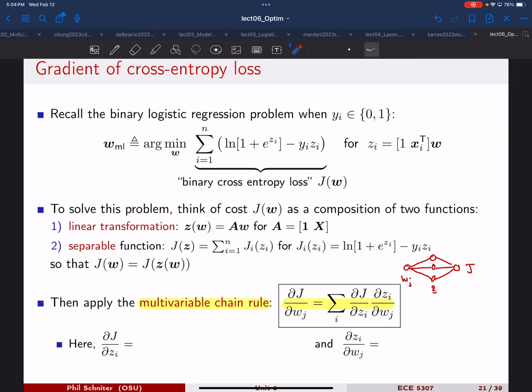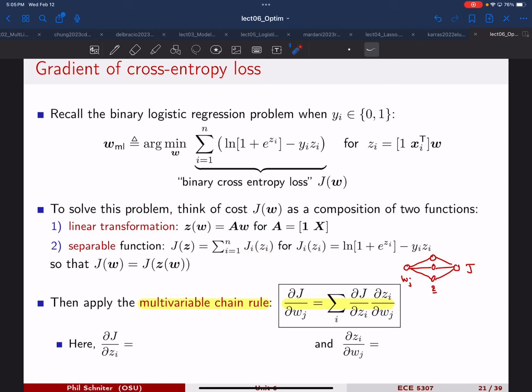Okay, so any questions on this chain rule here? Okay, like I said, we'll see a lot of it, so if it's not making sense yet, that's absolutely fine. So now we've got to figure out what are these two terms. Neither are terribly difficult, so let's first look at dJ/dZi. If I look at dJ/dZi, only one term in the sum matters.